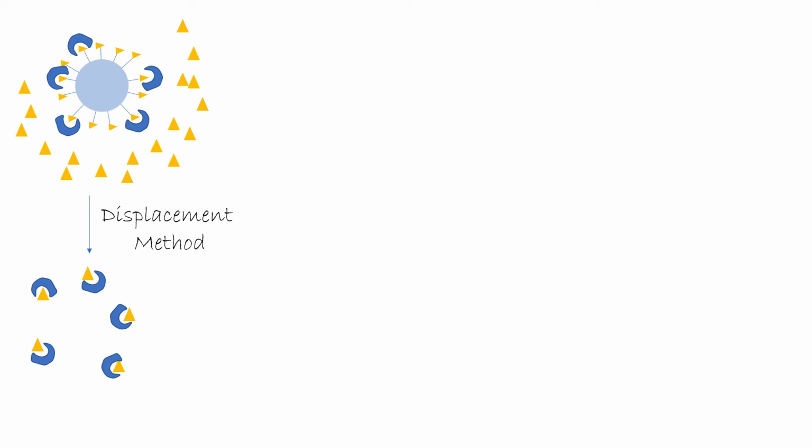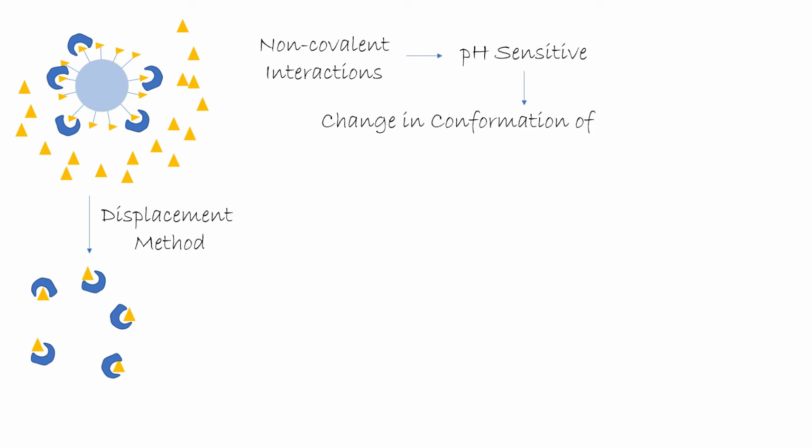This can be done by the displacement method, in which we provide a free ligand in high concentration in the elution buffer. Other methods are also there, as we know that all non-covalent interactions are sensitive to pH. Due to a change in this pH, there is a change in the conformation of the biomolecules, which results in the dissociation of the target molecules from the beads.